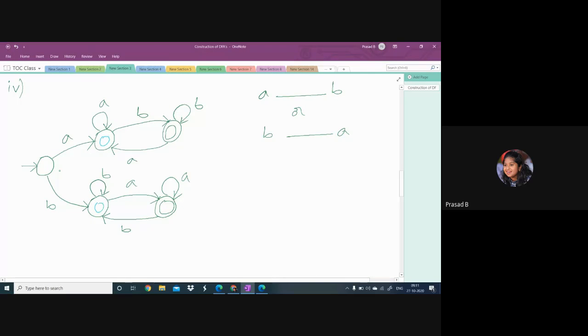These three will be the final, and this will be the non-final. This one will accept every string, and it accepts epsilon also. But epsilon has neither the first symbol A nor the last symbol A. Epsilon is nothing, the empty string, so it should not be accepted.